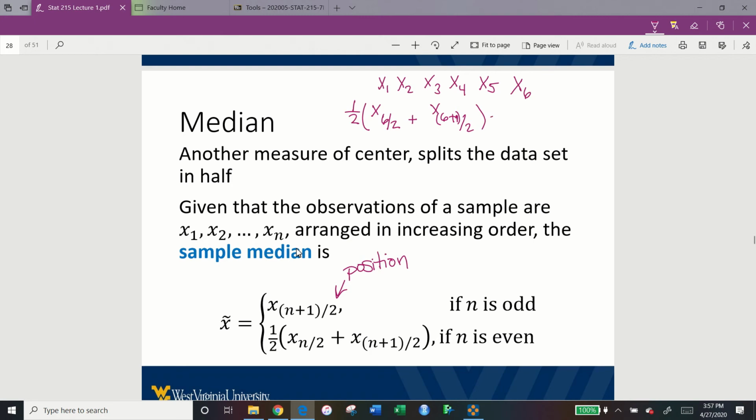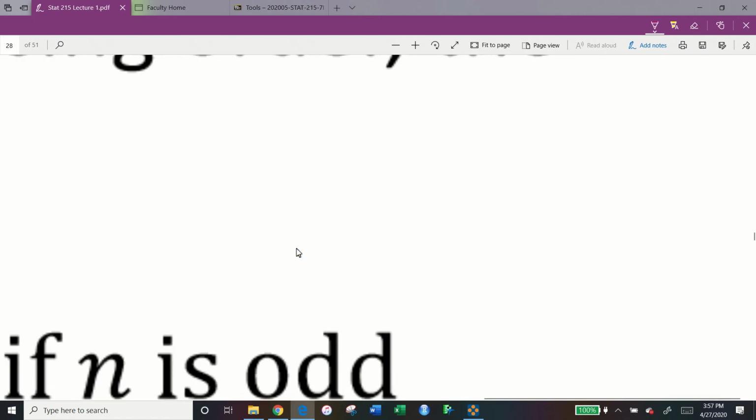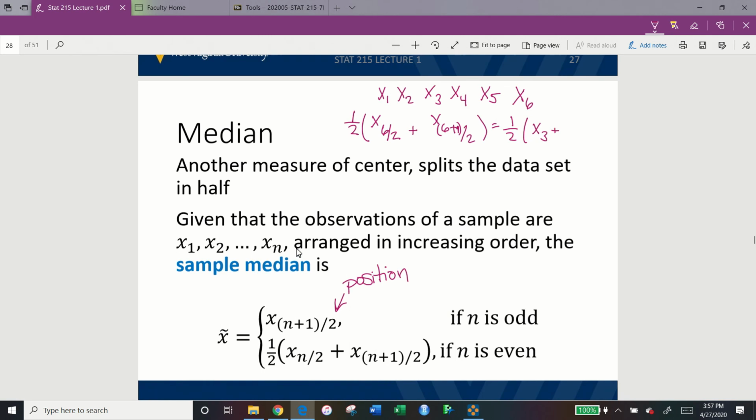Simplify. We have 1/2 x3 plus, this is what happens when you're using a touchscreen, x sub 7 over 2.